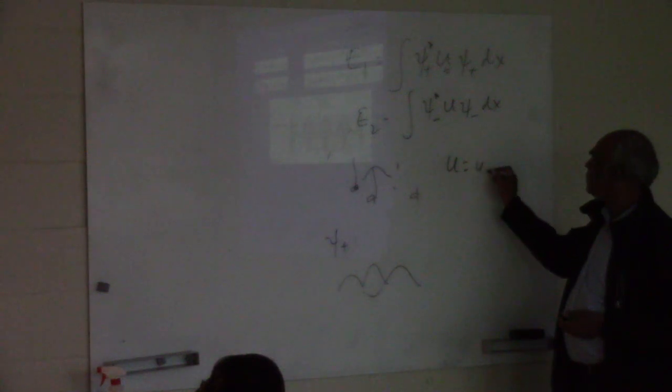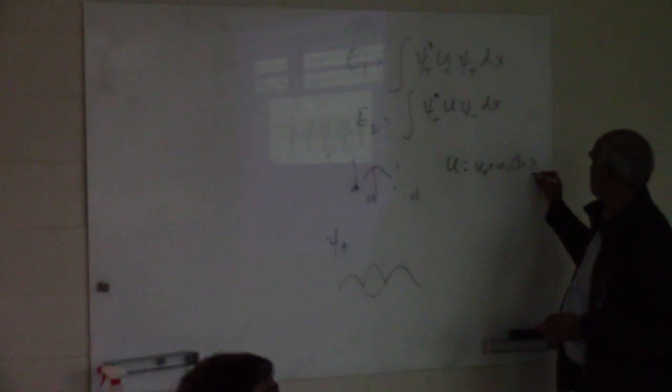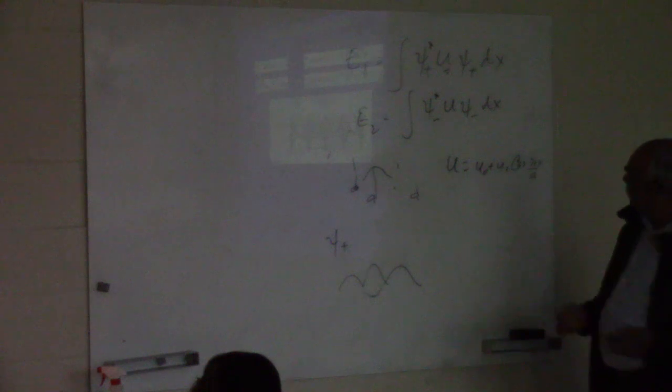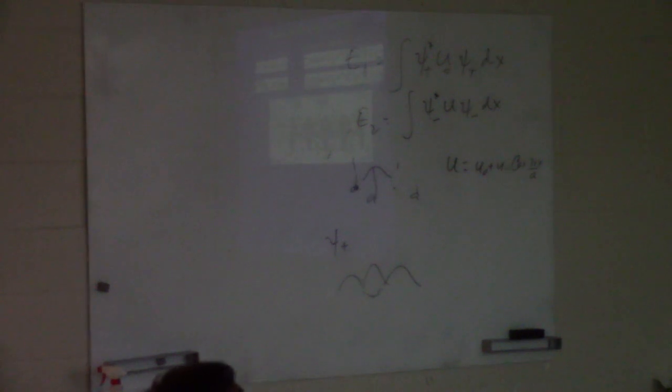U is given by U0 plus U1 cosine of pi x over a, right? So now you can calculate the two energies. So in this one, instead of calculating E1 and E2, I will calculate the difference between the two.